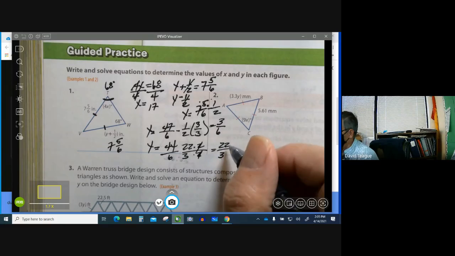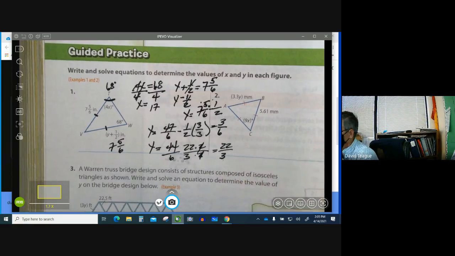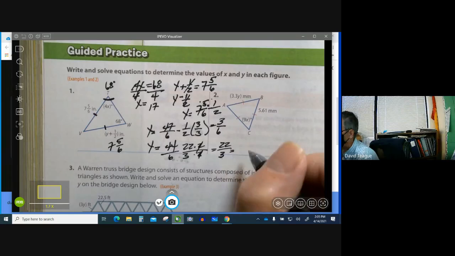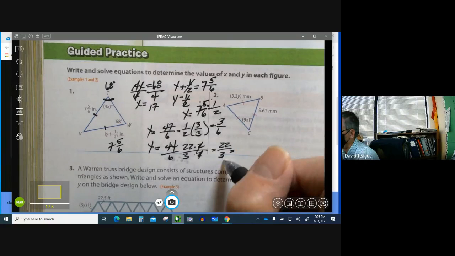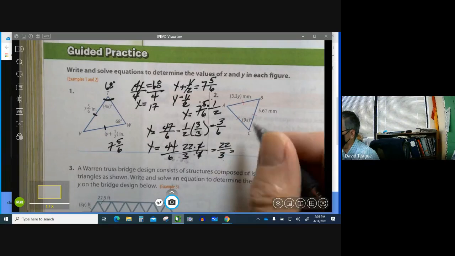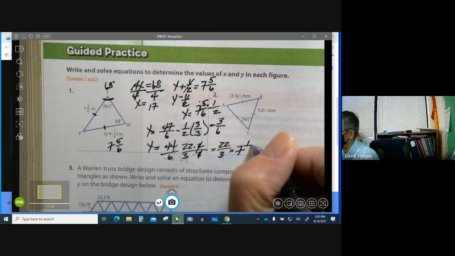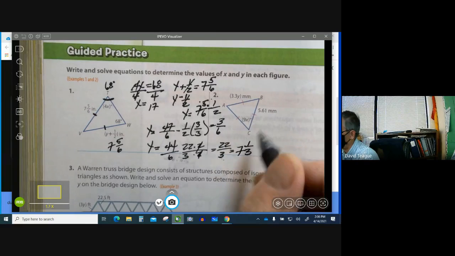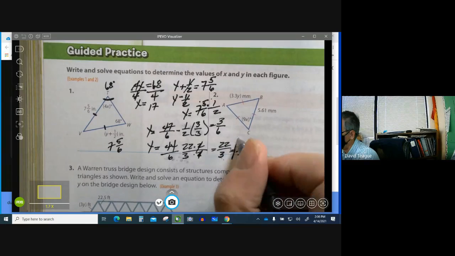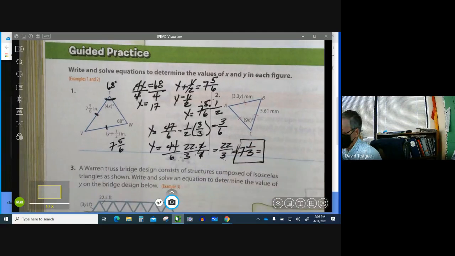The only factor there is 11, and that's 3, so it doesn't work. So I'm going to change this into a mixed number. 3 goes into 22 7 times. That's 21 with 1 left over. So it's 7 and 1/3. So y is equal to 7 and 1/3.